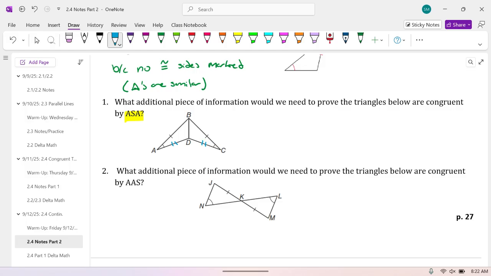Now, what piece of information do I need to make angle, angle, side here? For this one, there's 2 answers that can work. Any guesses?